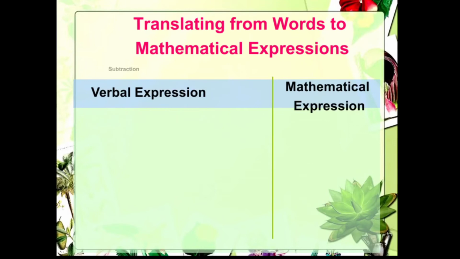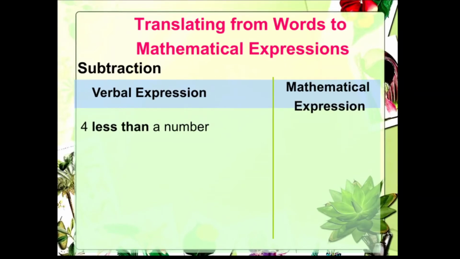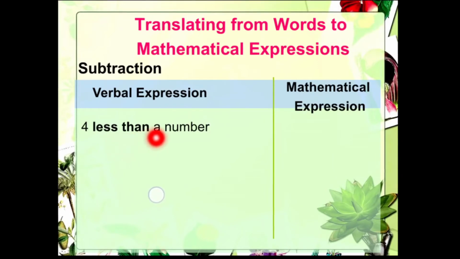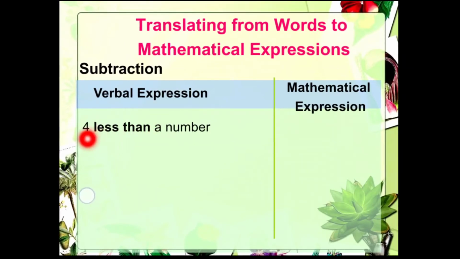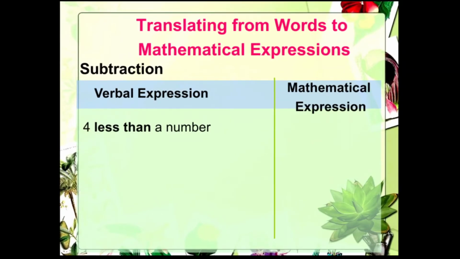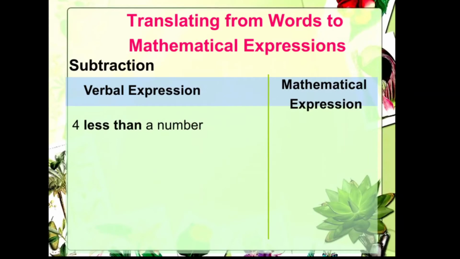Next, we have subtraction. 4 less than a number. You have to take note that less than is for subtraction and there is the word than. The word than means that the first given, that is 4, will be written after the last given. So the last given will be written first.